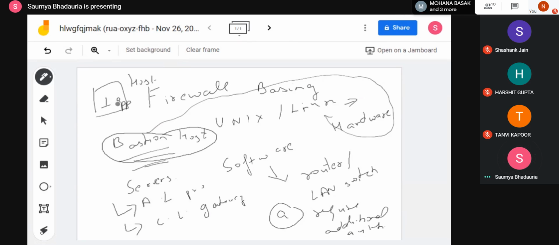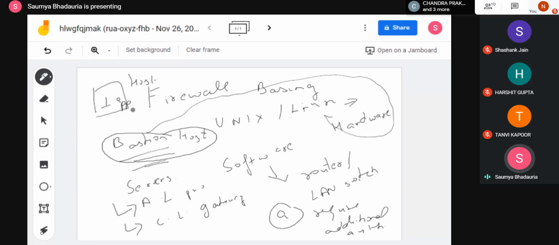Okay. Now, since there is a subset of the applications running over here, there would also be a subset of the command set which can run on those applications. Okay. Now there would be proper logging of the information of all of the traffic which flows onto this bastion host.